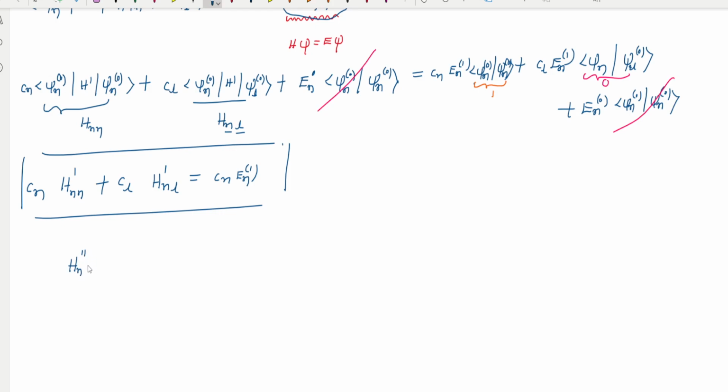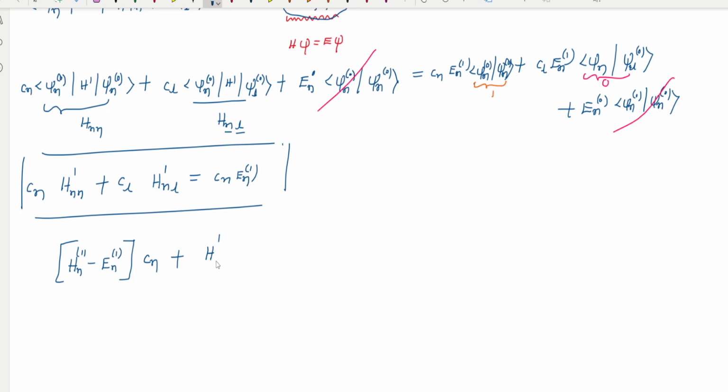for my simplification. Okay, this is Cn. Now it is good.